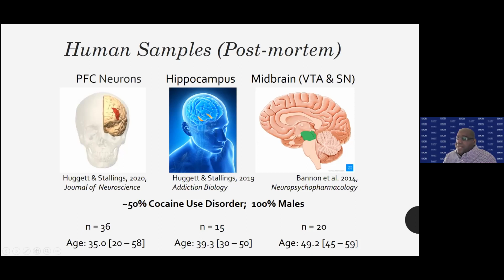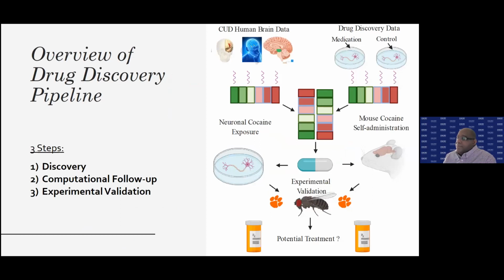We take all that evidence and apply it in a pipeline that incorporates an element of validation. For validation, we use transcriptome-wide cocaine self-administration data and human neural cocaine exposure data. All the drugs that we identify get validated in silico using that data.